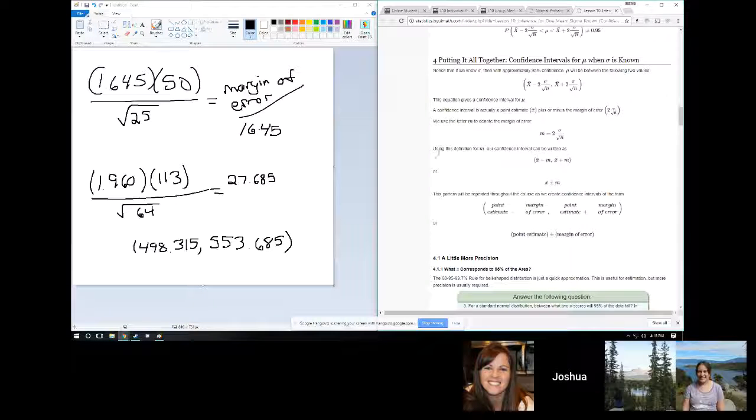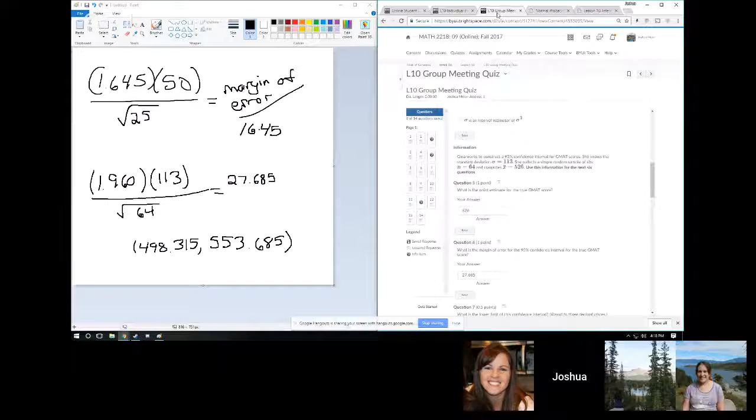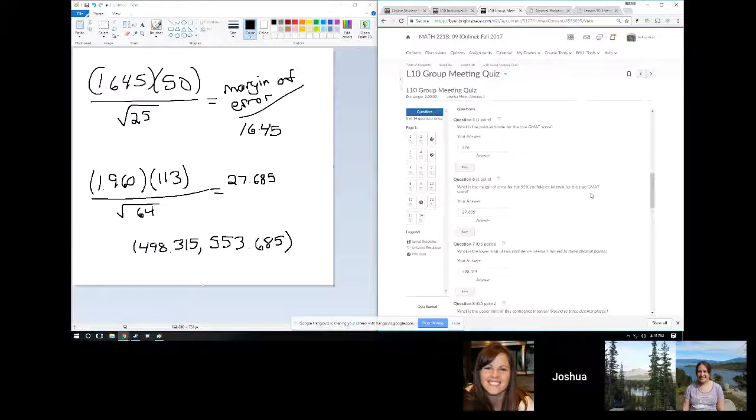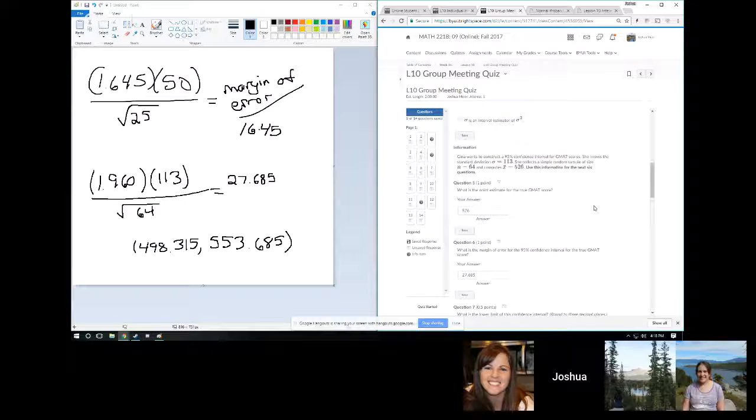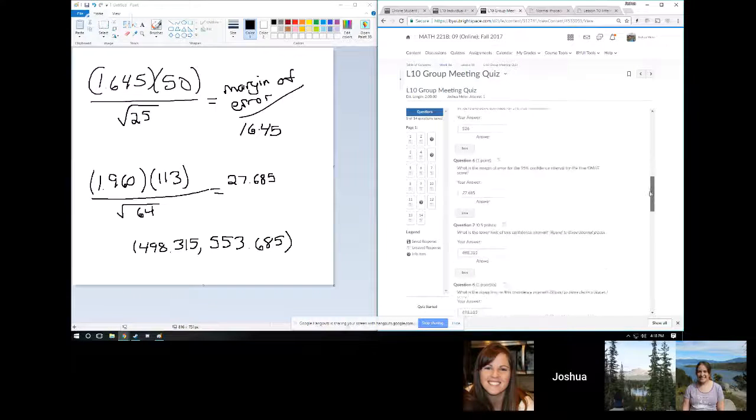So if it ever asks you for a point estimate, it's going to be the sample data. Okay, so 5 is 526. I was overcomplicating it. Yeah. And 6, 27.685. Correct.